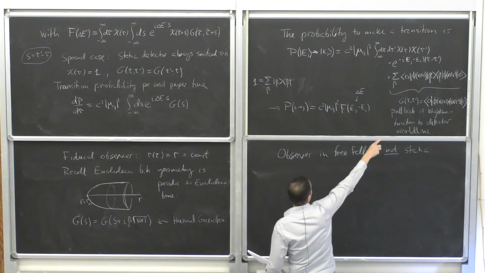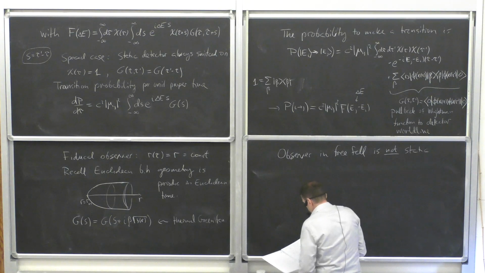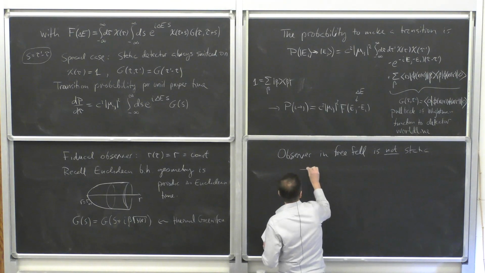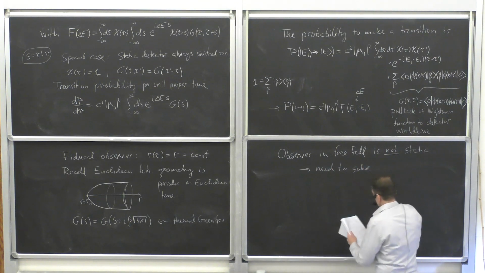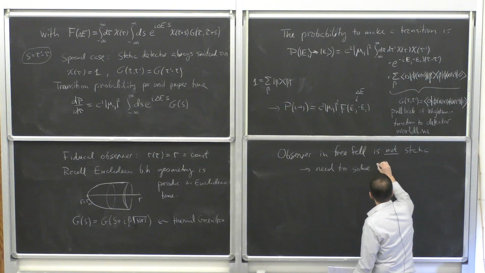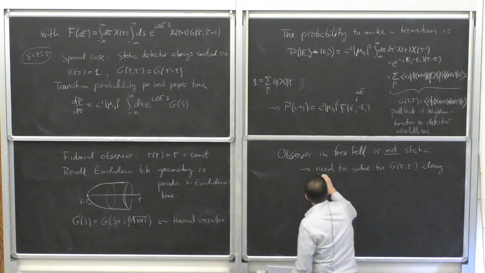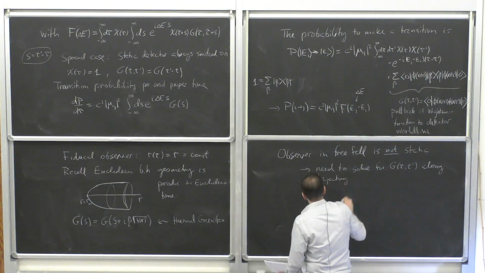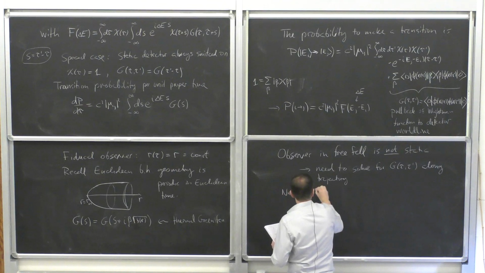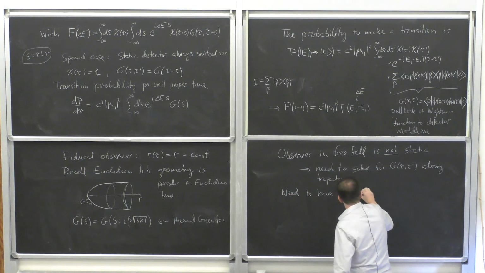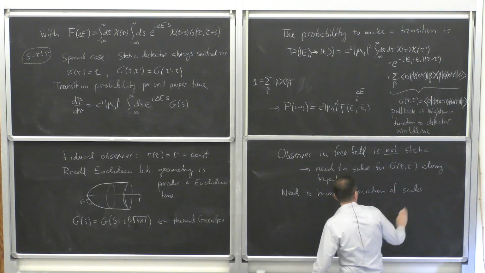And so you would need to solve for this Green function along the trajectory, and you would ask that there be a separation of scales, a separation of time scales really.